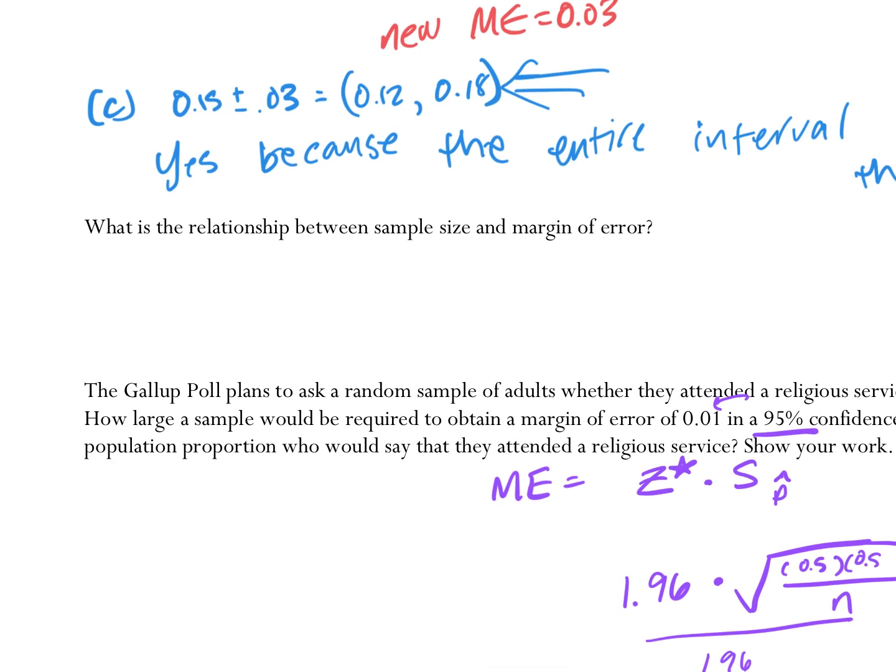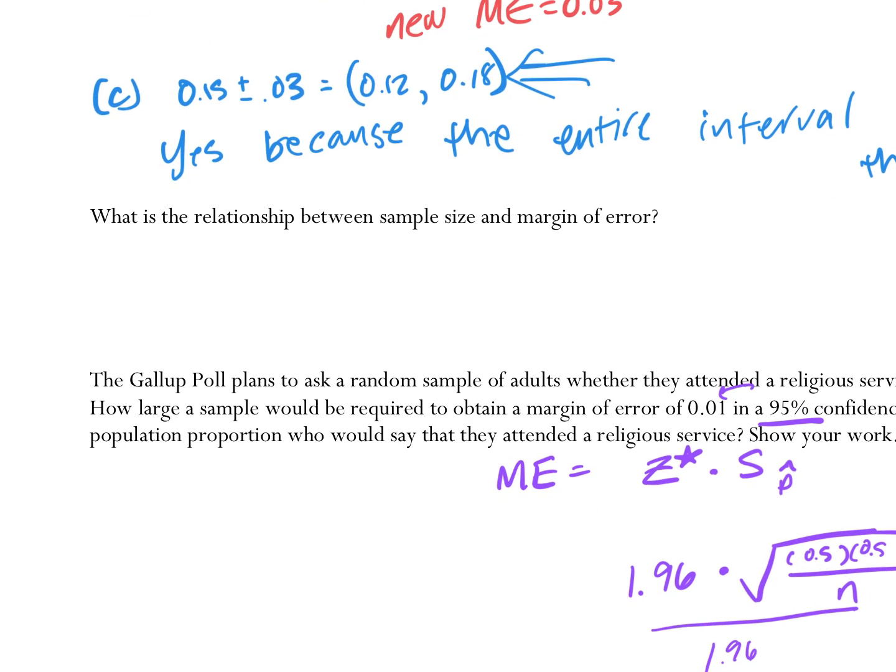So here's what happens. As your sample size increases, the margin of error decreases, and vice versa. It's inverse in that one is going up and one is going down by the square root of whatever factor you're multiplying by.